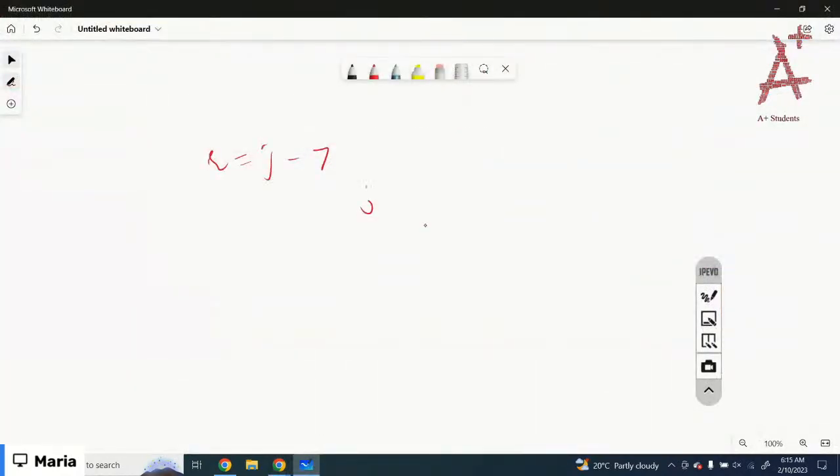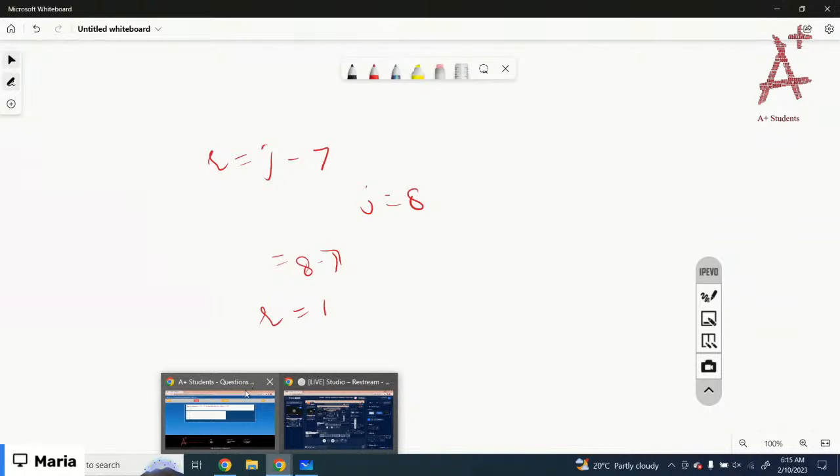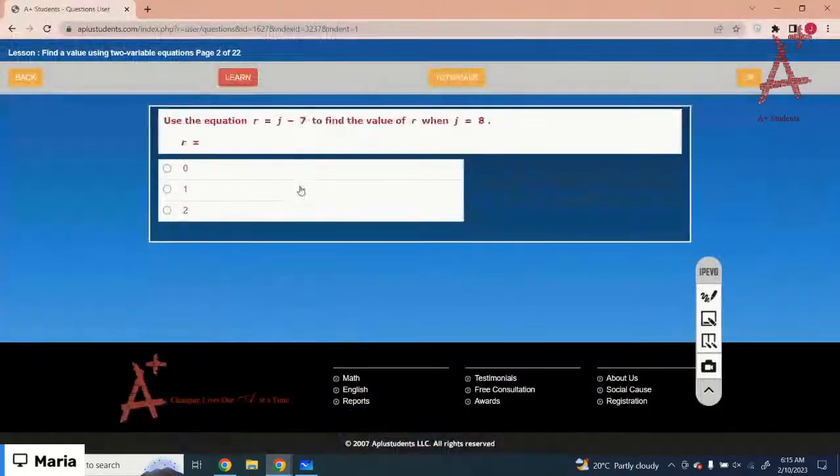So simply replace the variable with the value, 8 minus 7. So r has a value of 1. Got it? So the correct option is 1. Very good. So just select the correct option and click on the OK button.